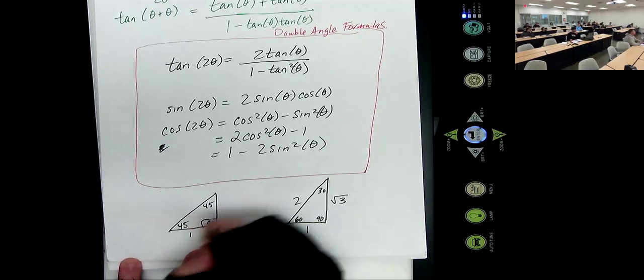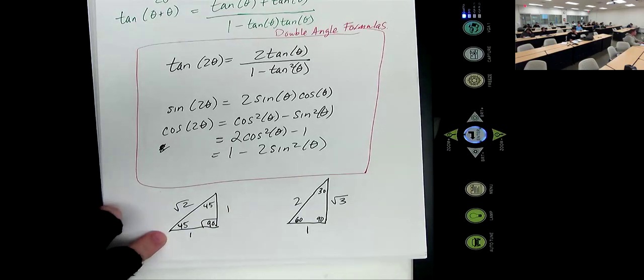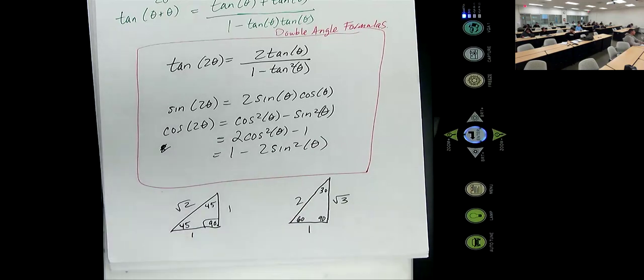And on this one, it's 1, 1, square root of 2. From this you can do sine 45, cosine 45, opposite over hypotenuse, adjacent over hypotenuse, or tangent relatively quickly. If you want sine 30 or 60 degrees, you jump over to this triangle and do sine, cosine, or tangent off of that. They are well-known triangles.